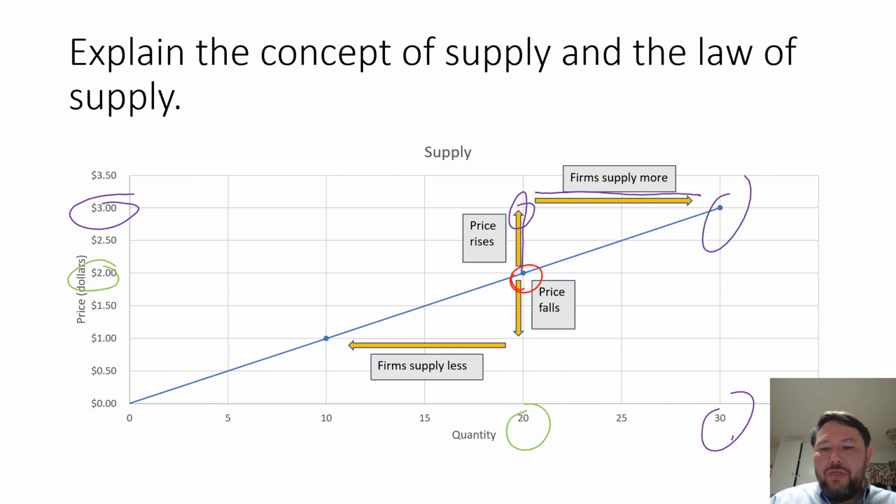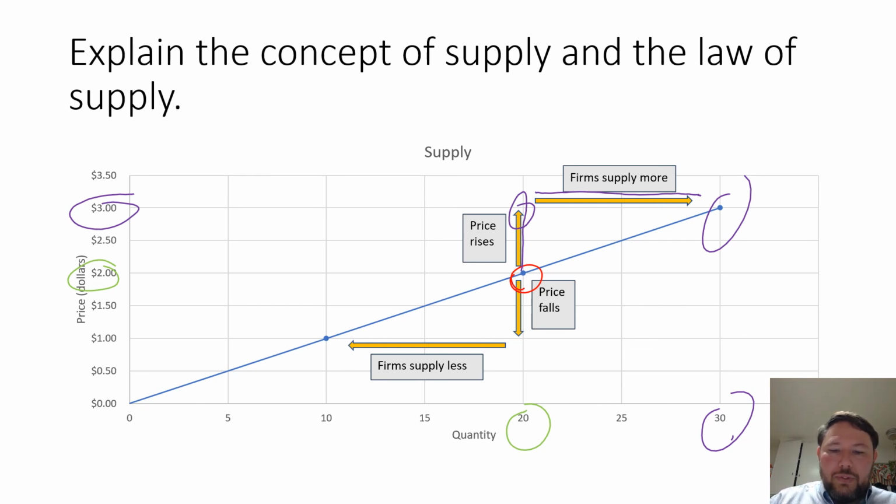And so at $3, after we thought about it and did our calculations about the cost of production, things like that, we would determine that we would be willing to supply 30 bottles of water at $3 a bottle, whereas we were only willing to provide or supply 20 bottles of water at $2.